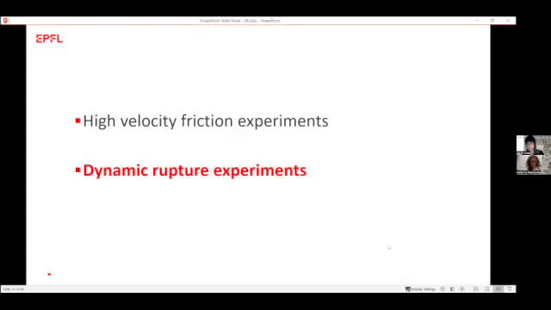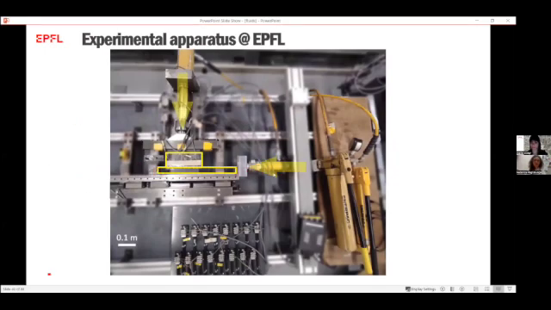So following up the work of Chiara and Marie, I also wanted to study the influence of fluid viscosity on dynamic rupture experiments. So a different experimental setup to study the same parameter, fluid viscosity. The setup is quite simple compared to the apparatus that Marie just presented to you.